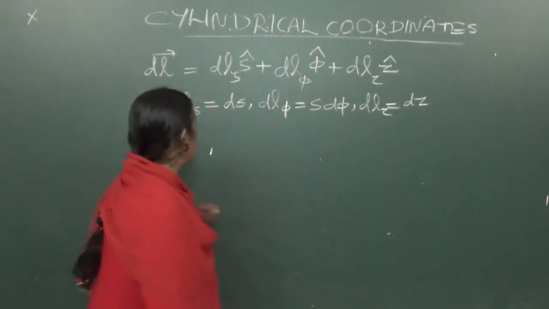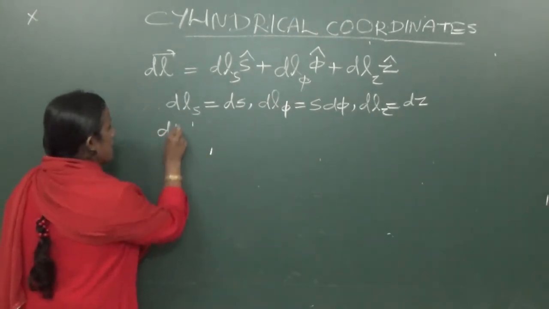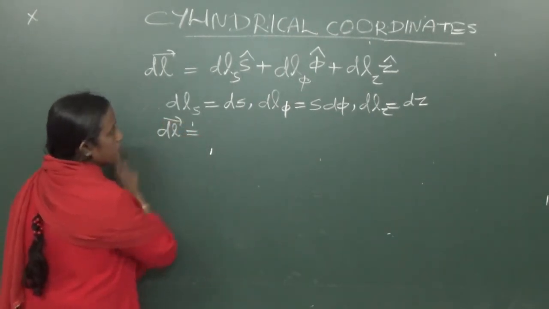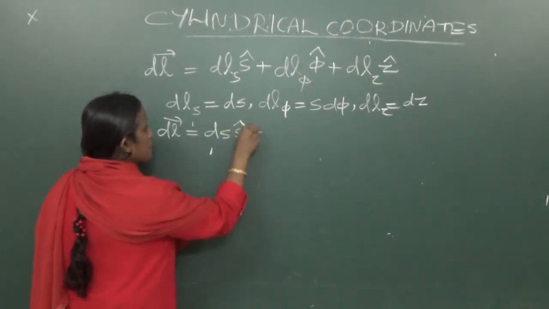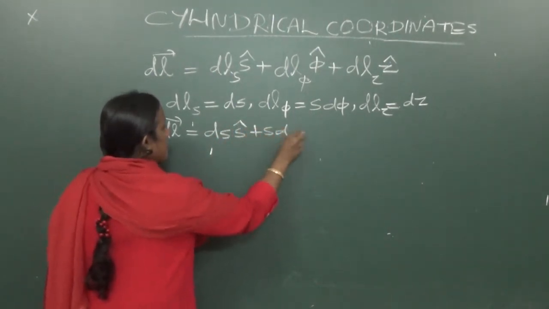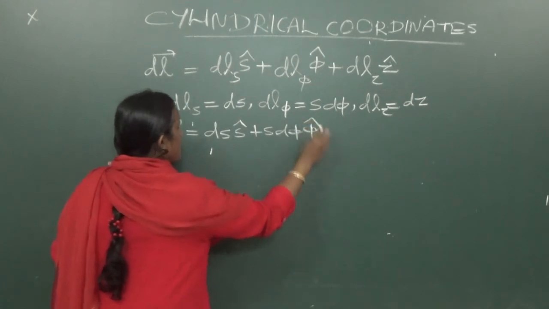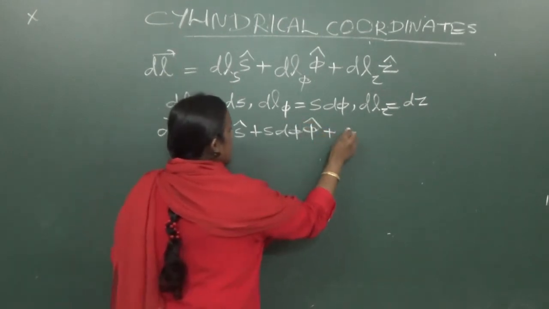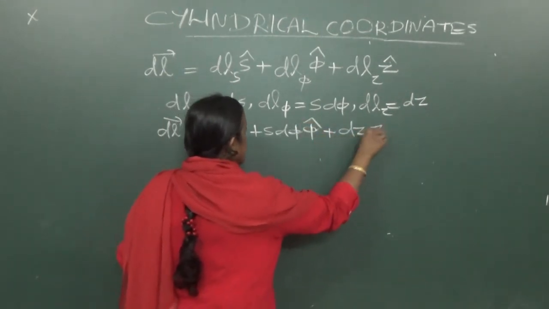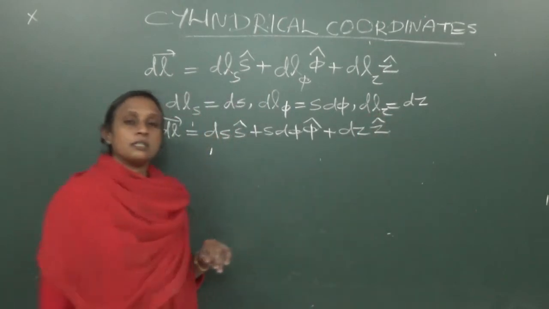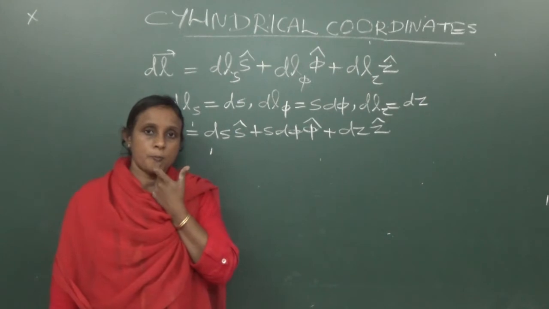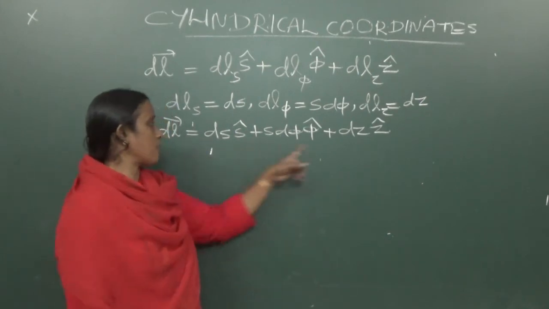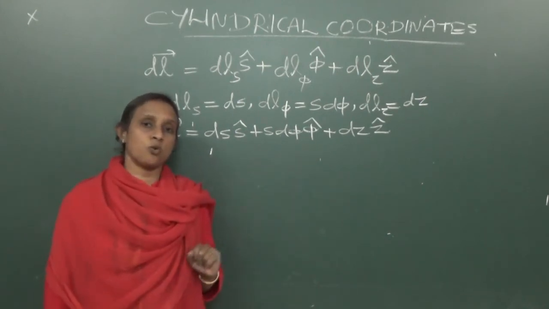So you get dl equal to ds s cap plus s d phi phi cap plus dz z cap. This is the length element, the infinitesimal displacement vector in the cylindrical coordinate system.